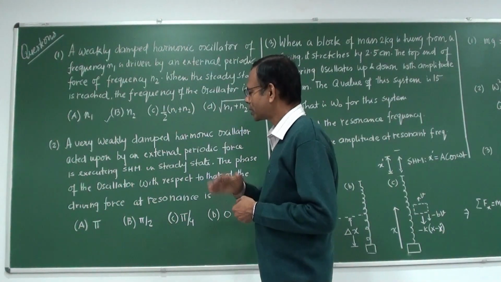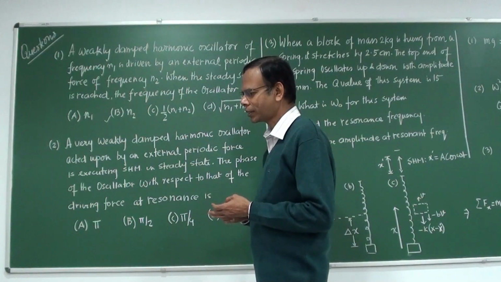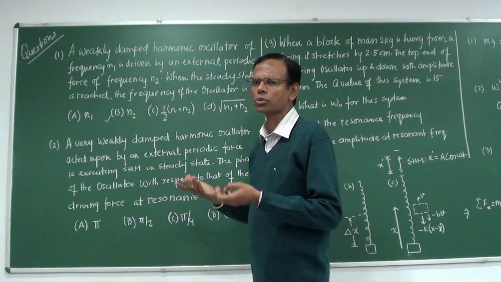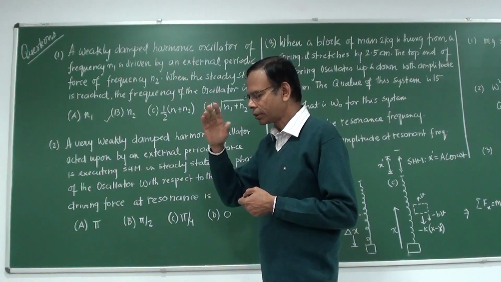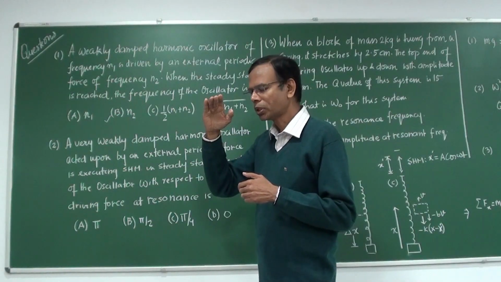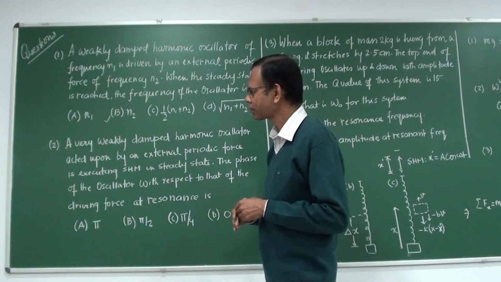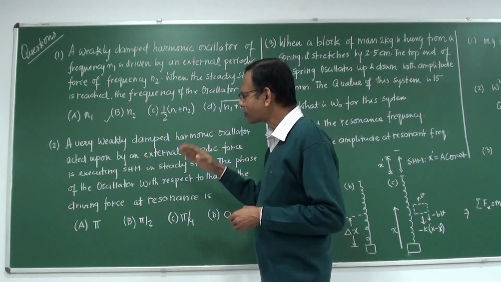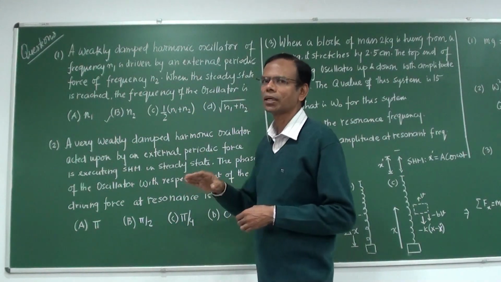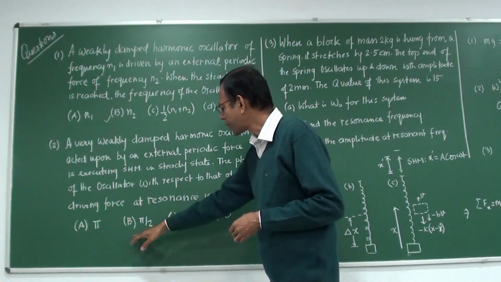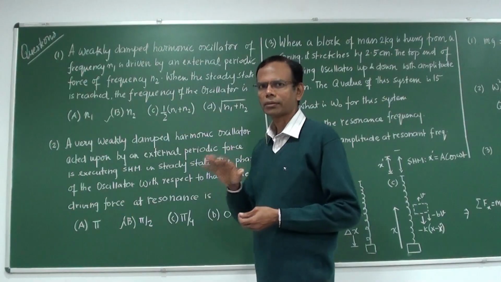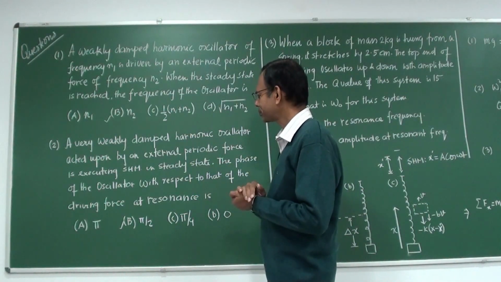During the time of resonance, if it is totally undamped, then the phase changes from 0 to minus pi in our case. But otherwise, it goes through minus pi by 2. So at resonance, basically it is minus pi by 2. So pi by 2 is given, so we can take this answer.